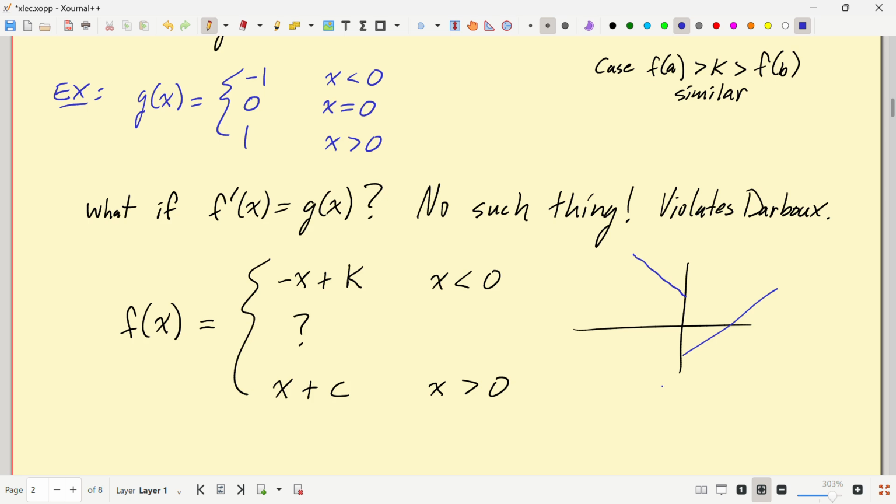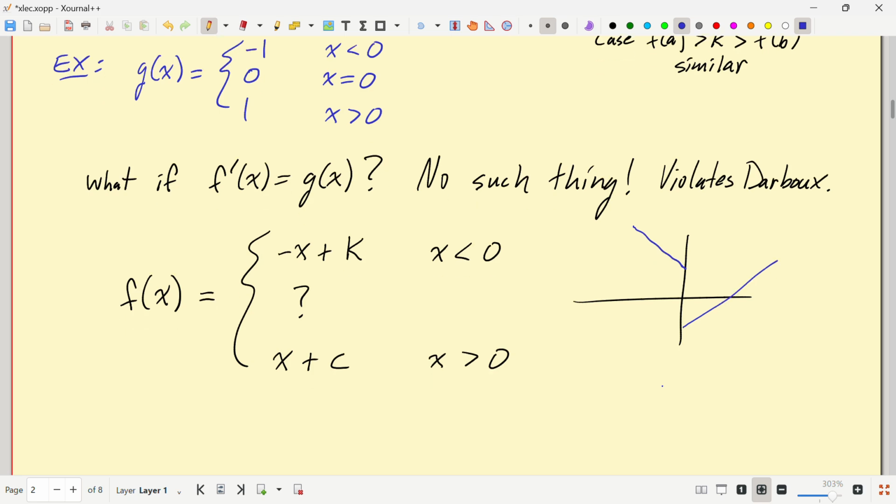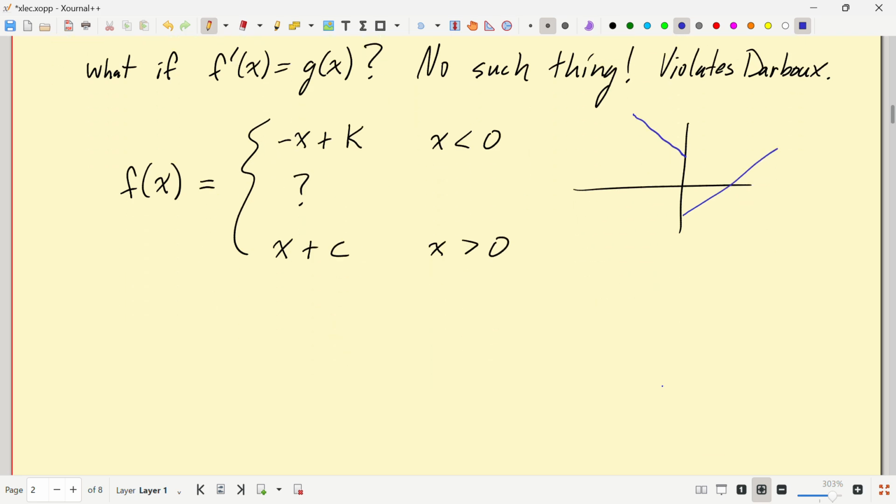And of course, that's not continuous. I could make it continuous. So I can make f continuous, but I can't make it differentiable. So the continuous version would be, pick a spot and make them hook up.